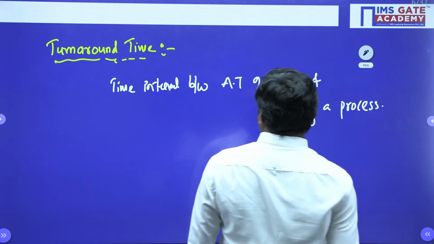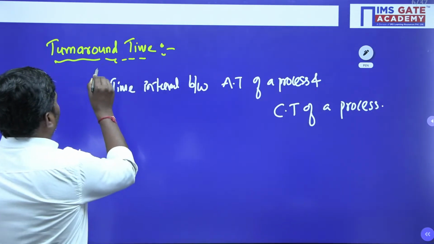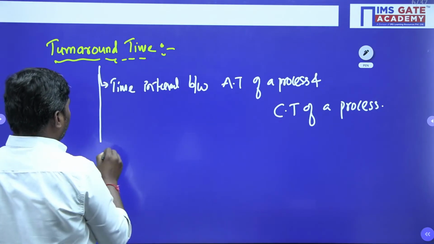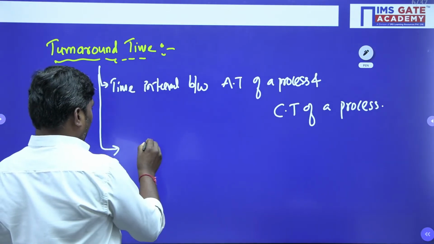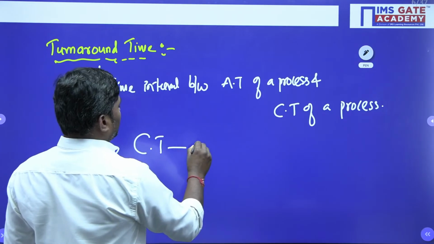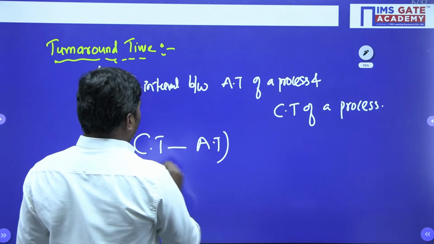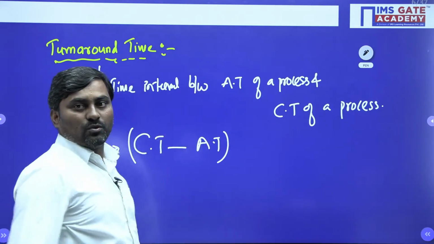I hope you understand. Or the other way we can define it: the completion time of a particular process minus the arrival time of the process. The meaning is the same only, no? Both are this only.